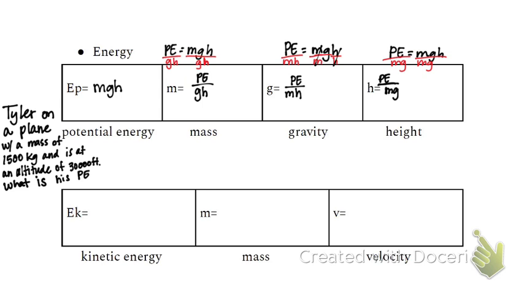Okay. We've got the 1,500 kilograms and the 30,000 feet. Let's say, but actually that should be in meters, so that we don't have to change anything. What else do we need though?